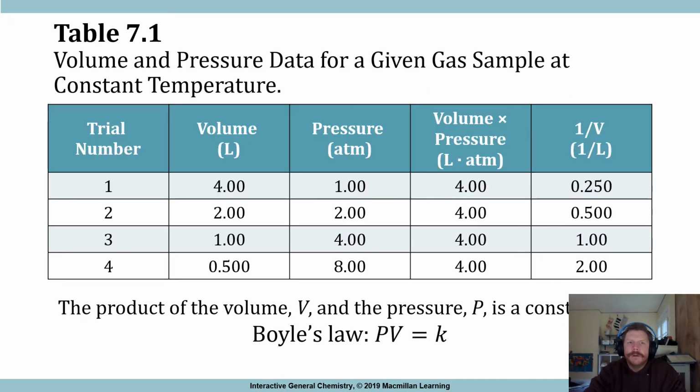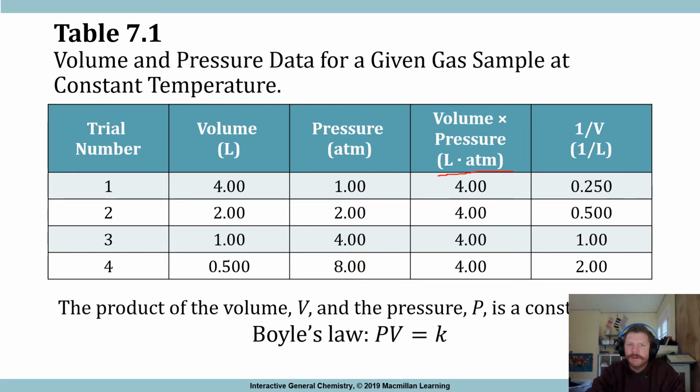Volume and pressure data for a given sample at a constant temperature. So our volume is 4, 2, 1, and half a liter. The pressure is going to be 1, 2, 4, and 8. The volume times our pressure, our liters times atmospheres, is 4 across the board.